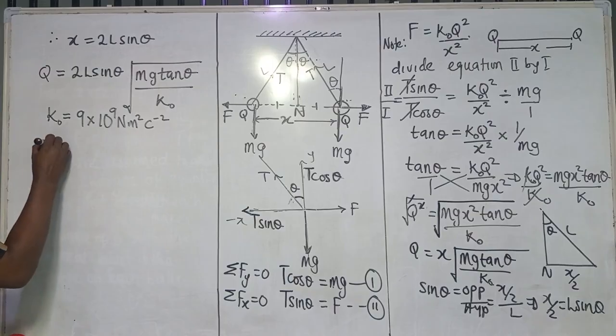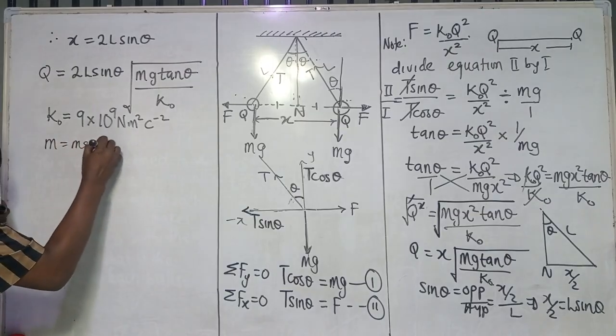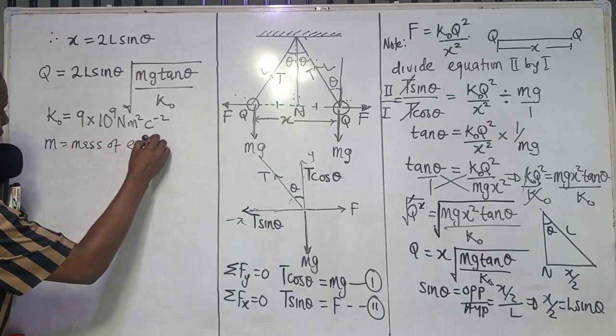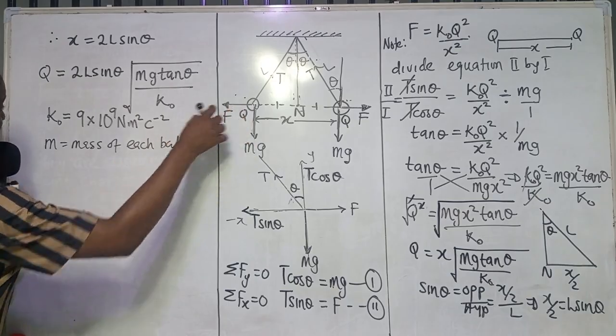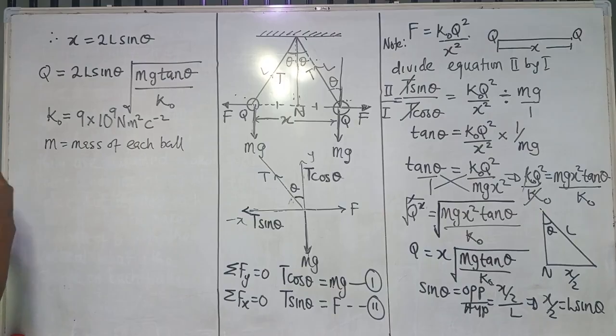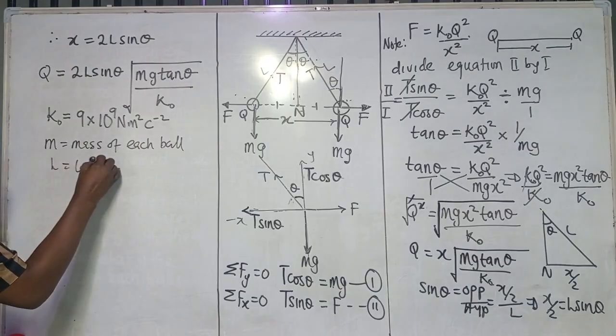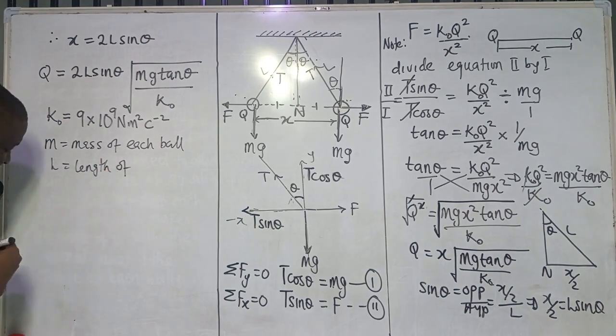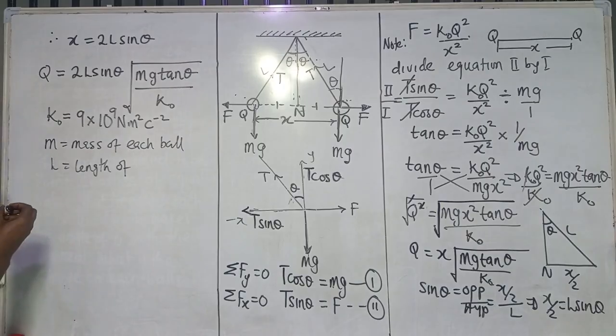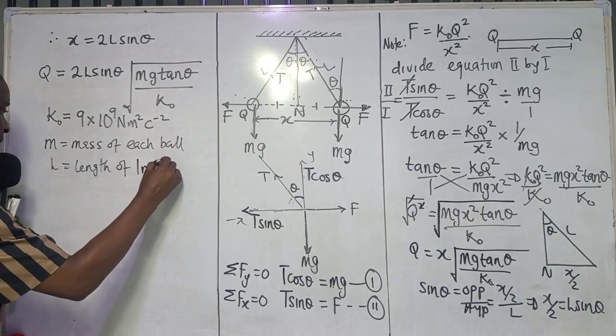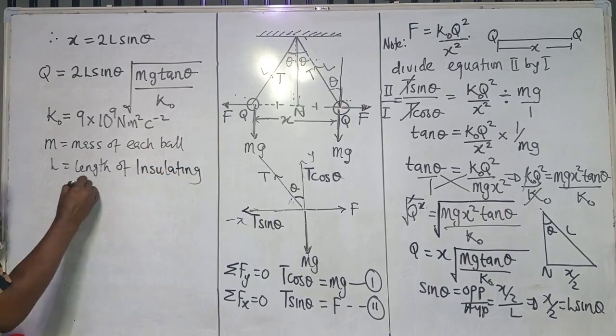Now our m is the mass of each ball carrying this charge Q. L is the length of the insulating thread.